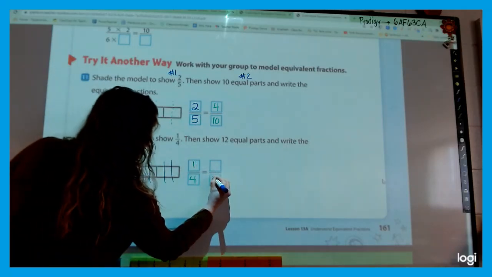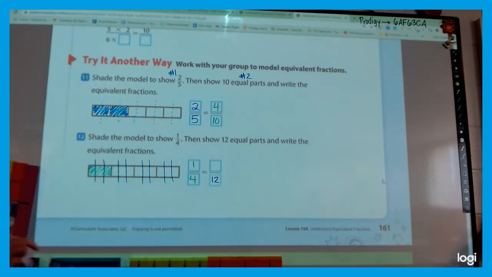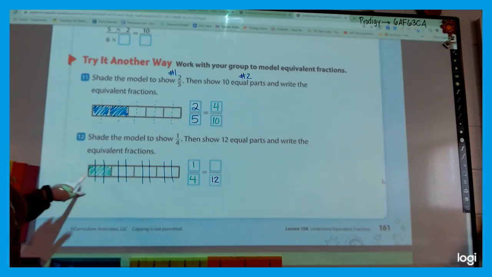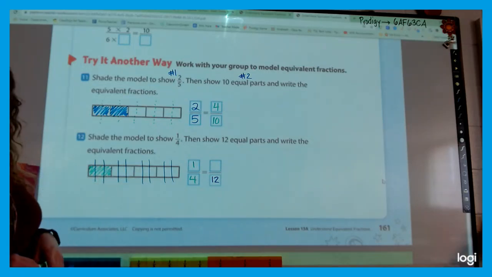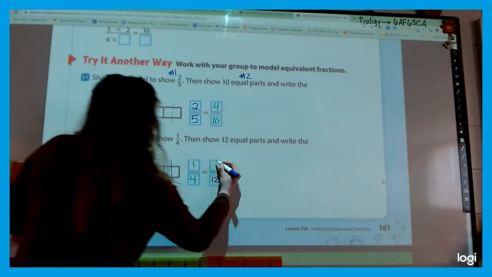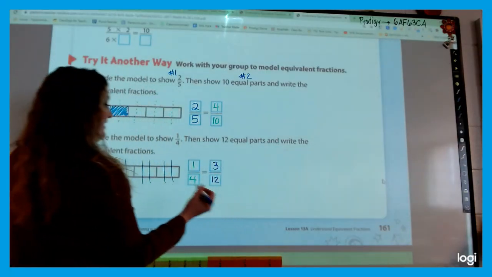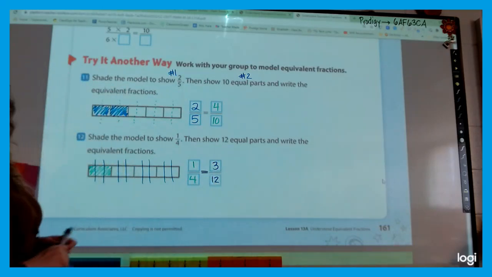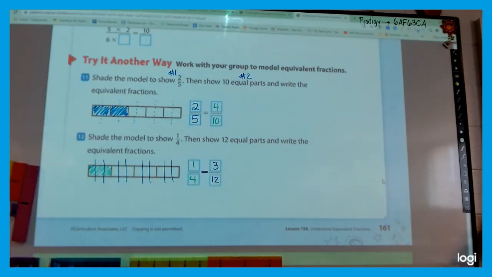So my denominator is 12. And now to find my numerator, I just look and see out of my 12 spaces how many are shaded. 1, 2, 3. That's it. So 3 is my numerator. And I know that 1/4 is equivalent to or equal to 3/12. They show the same part of the whole.